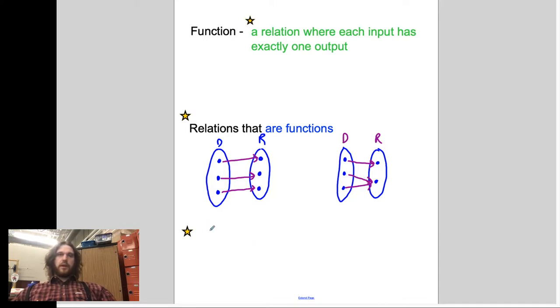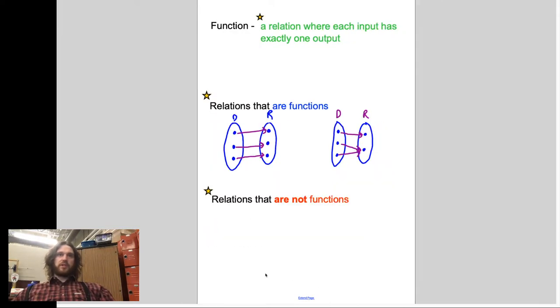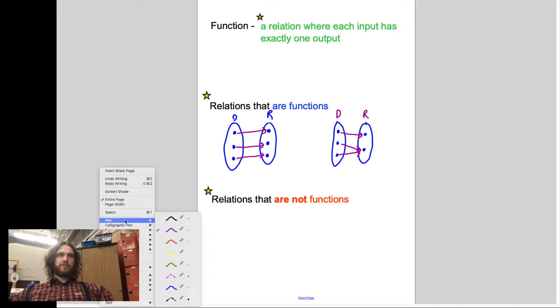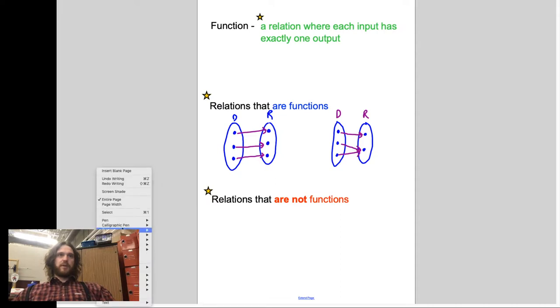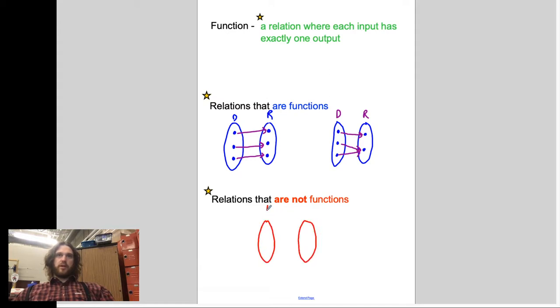Okay, let's keep moving. What does it look like if something fails to be a function from a mapping perspective? From a mapping perspective, you're going to see your oval here, here's our domain, here is our range, and then we're going to put, let's say, this. This would fail to be a function.